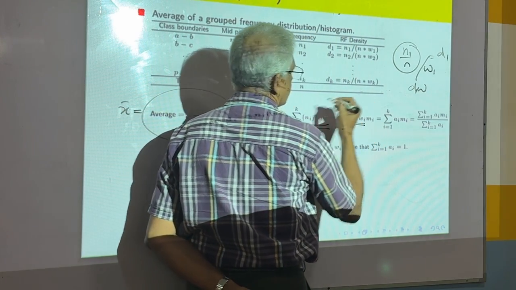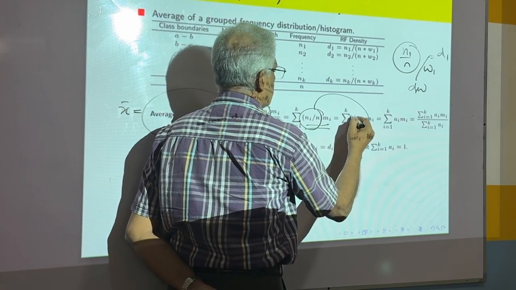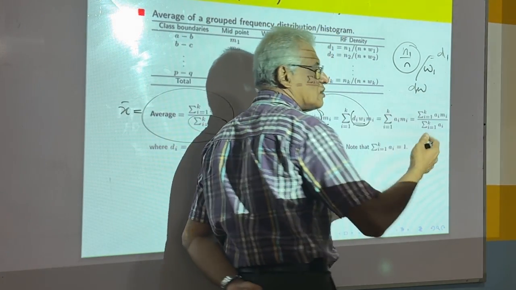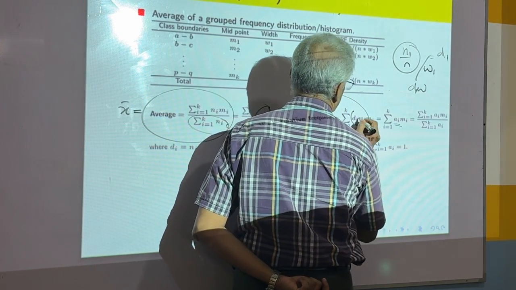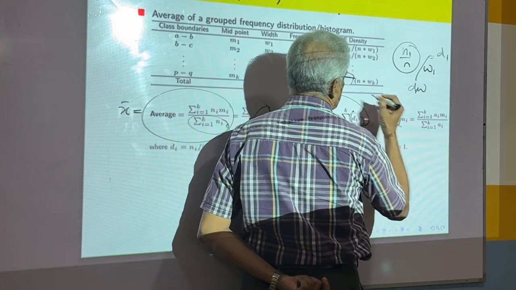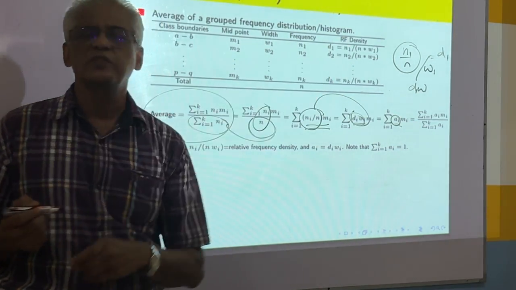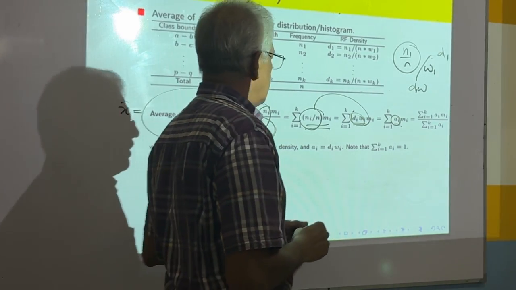So this is di wi, and we know that di wi is also equal to the area. I have denoted the area by ai. So this is equal to this. So you can use any of these formulas depending on what you have and what you can calculate.